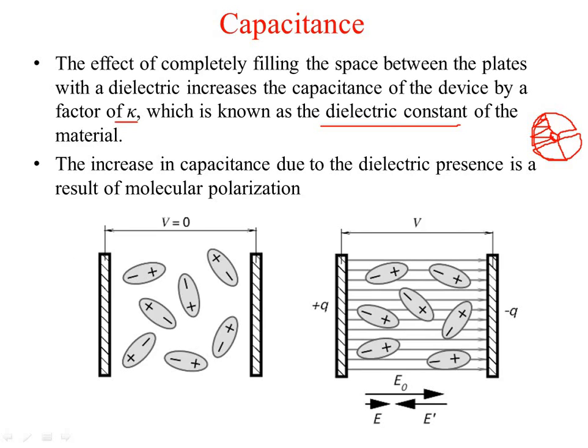So here it is one plate, and here it is another plate. Initially the voltage applied between the two plates is 0.